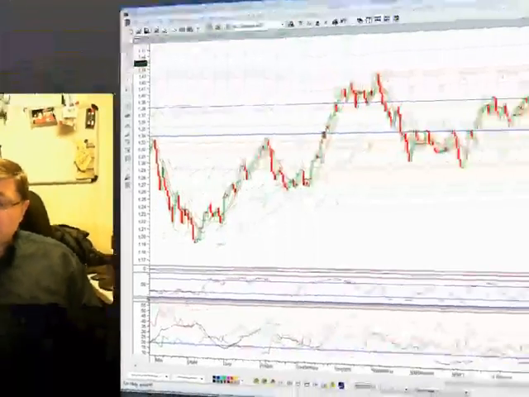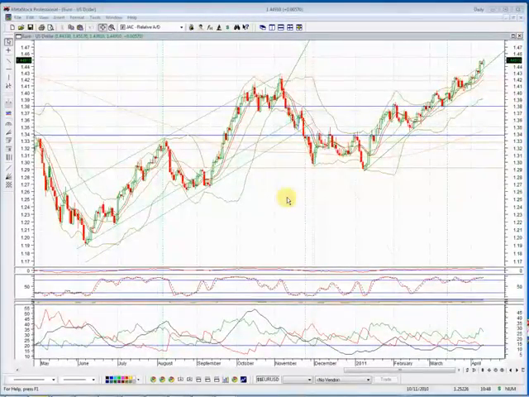So the idea with these presentations is to show you one of the approaches that exists to invest, and that's my personal preferred approach, and it's about technical analysis. Technical analysis focuses on price charts to understand the price movements, and to create strategies that have an edge over the market.